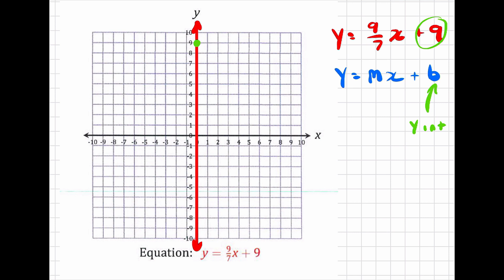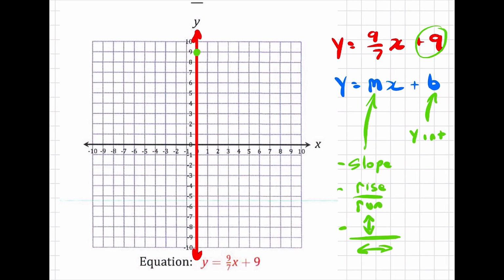Now, the other variable that we have, m, that is our slope. And what is slope? Slope is rise over run. What is rise? Well, it's going up and down on the graph. And what is run? It's going left and right.